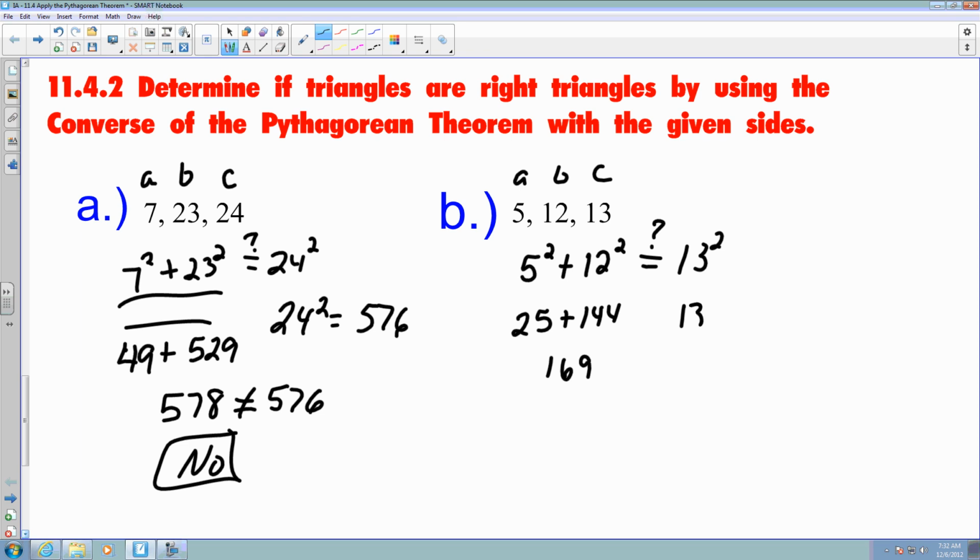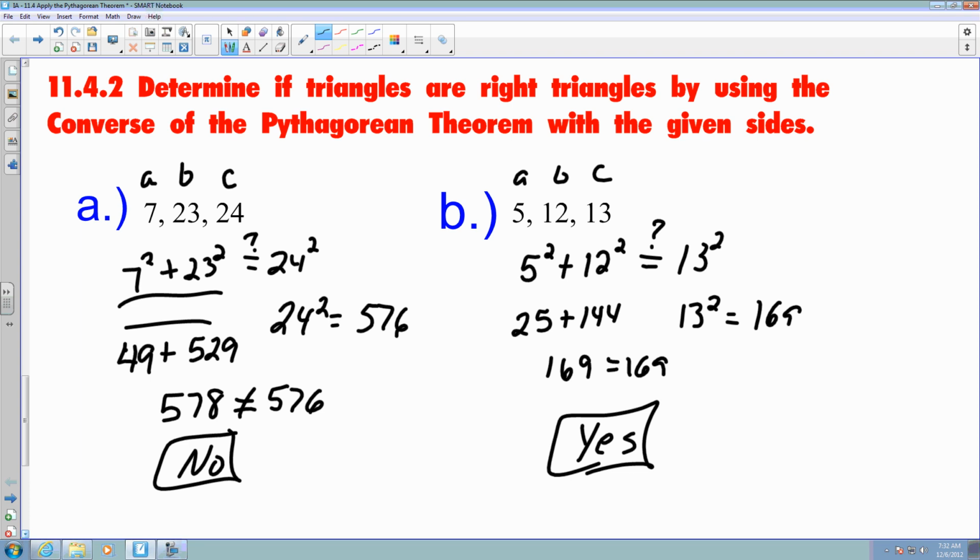And 13 squared ends up equaling 169. So 169 does equal 169. So 5, 12, and 13 do hold true. Those are called Pythagorean triples. I would write down yes. This is a right triangle.